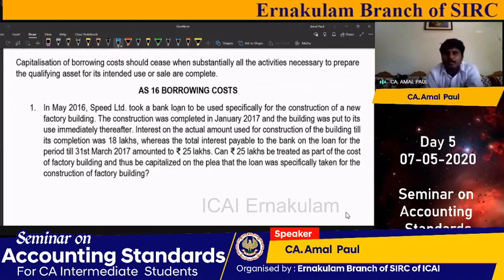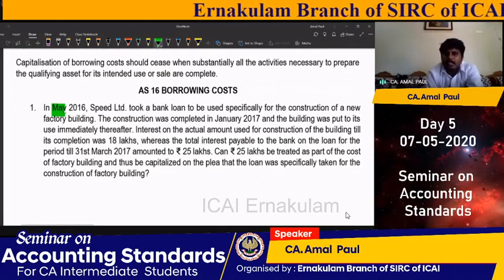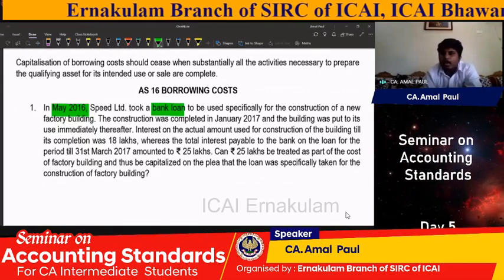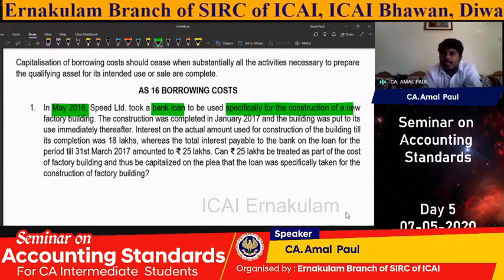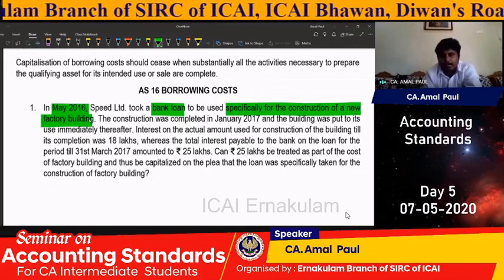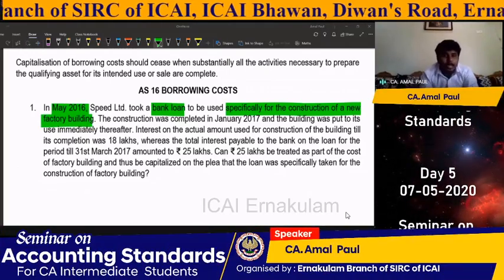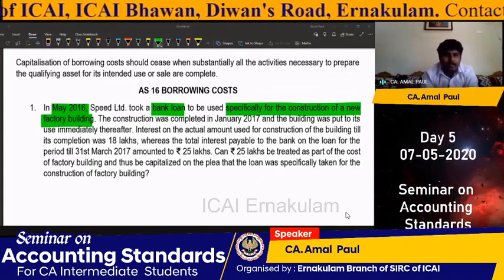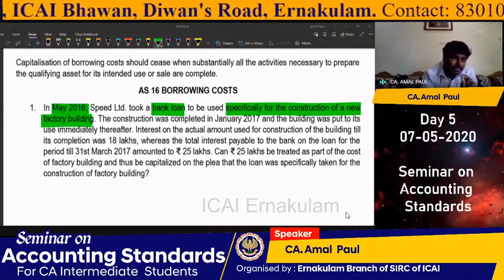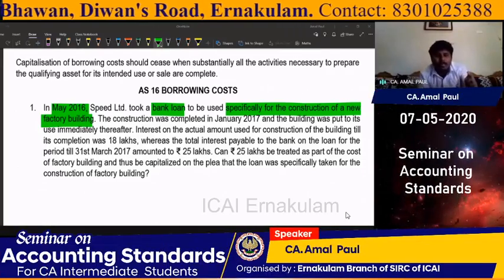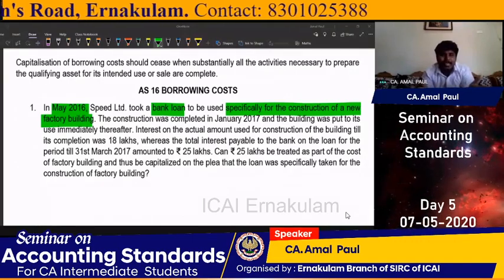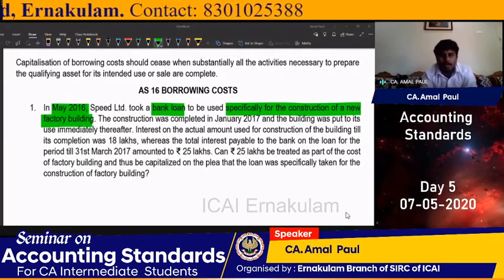Okay, so in May 2016, Speed Limited took a bank loan specifically for construction of a new factory building. This is a factory building. It will take a substantial period of time to get ready for its intended use, because it is a construction activity. The only thing we need to consider is how much is the duration, whether it is substantial for this entity or not.